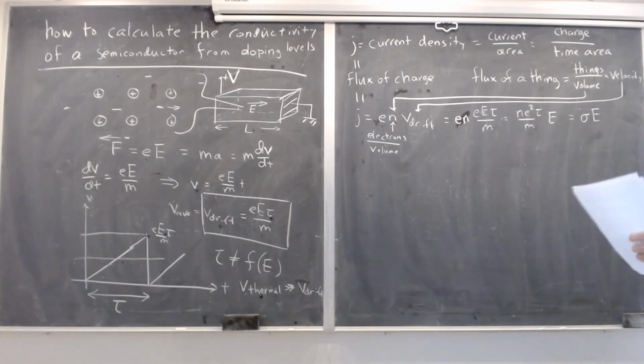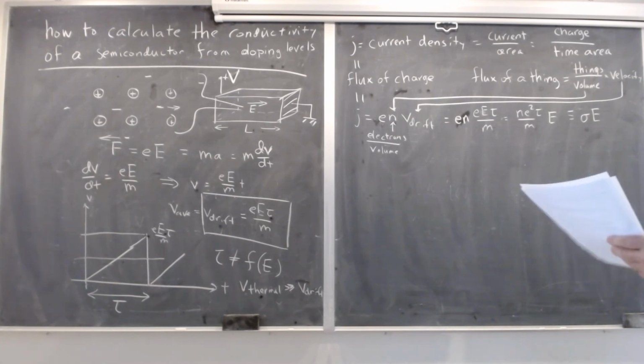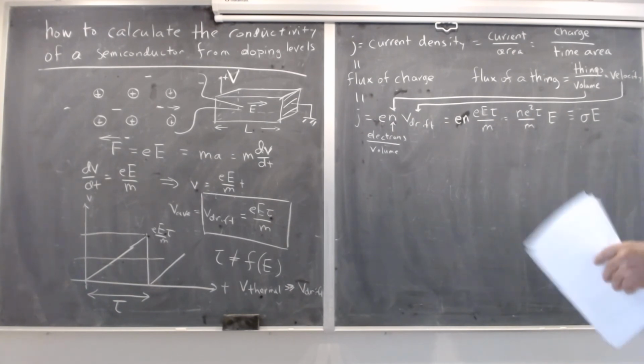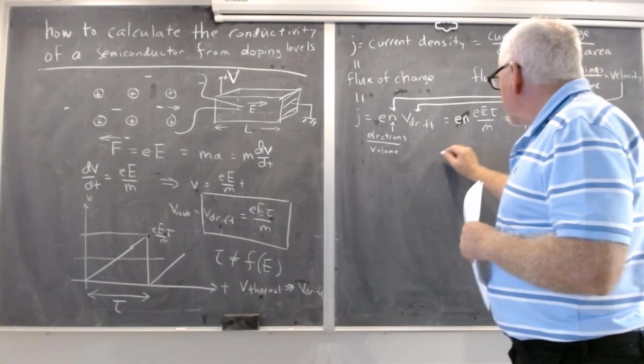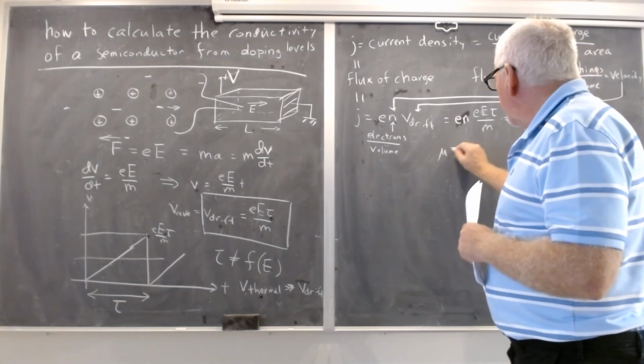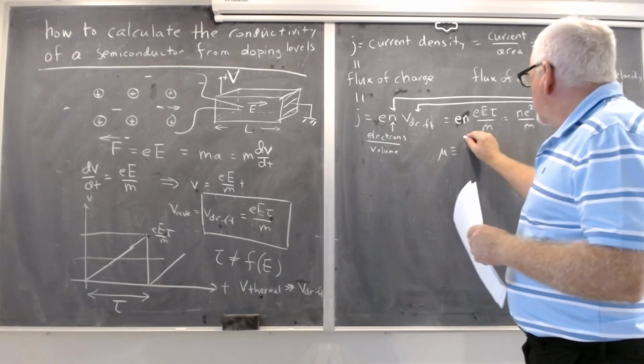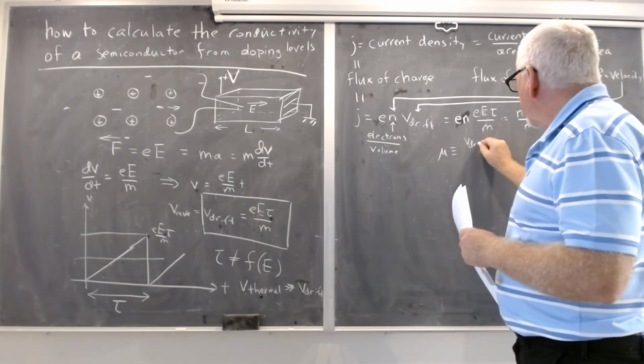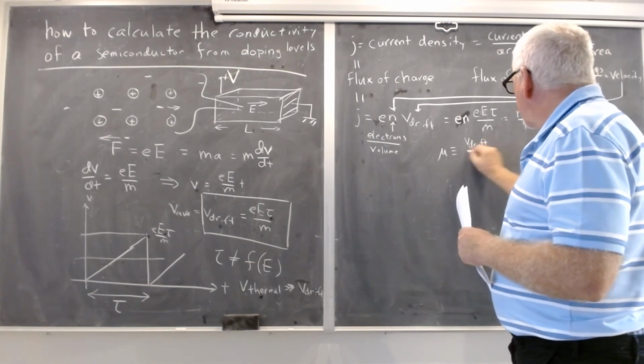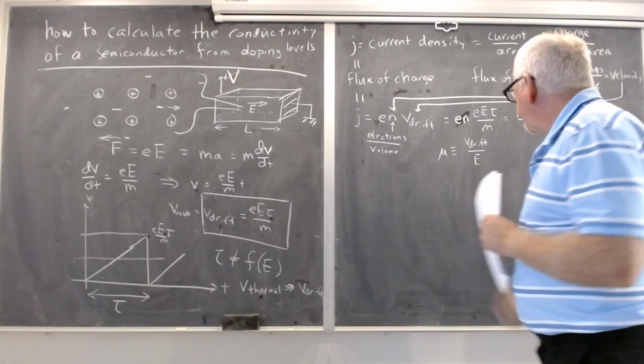I'm going to put a definition there because that's basically defining sigma. Now there's another definition here, which is mobility. Mobility is defined as the ratio of the drift velocity to the electric field.